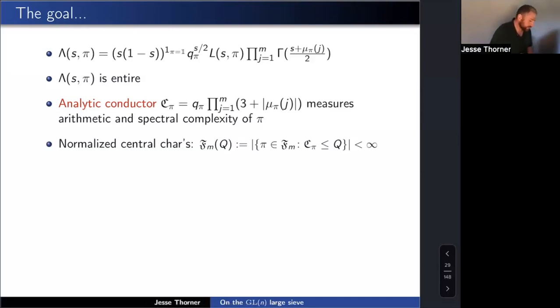Okay. So the normalization for the central characters that I gave before only exists to ensure that if I were to take the collection of π in frak m and truncate things so that I only consider the π with analytic conductor going up to Q, this set is in fact finite.